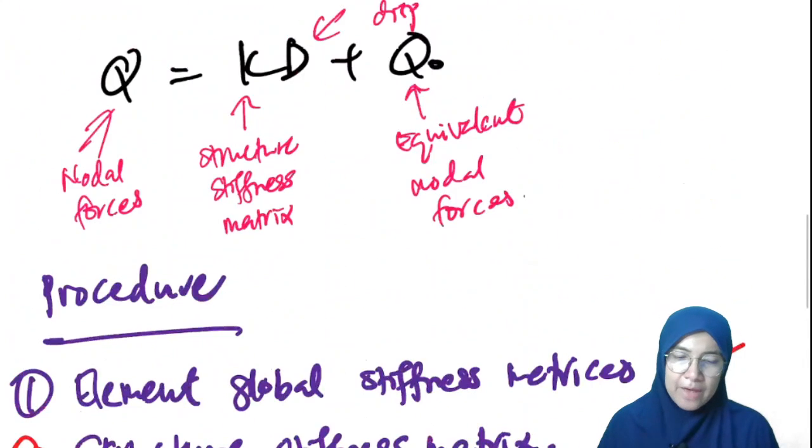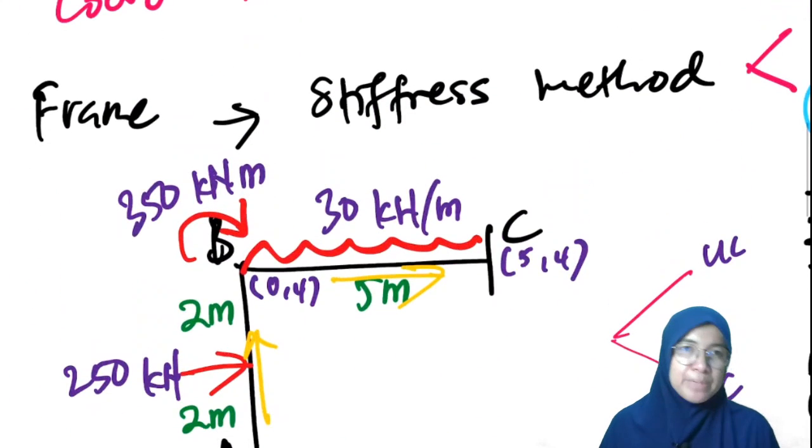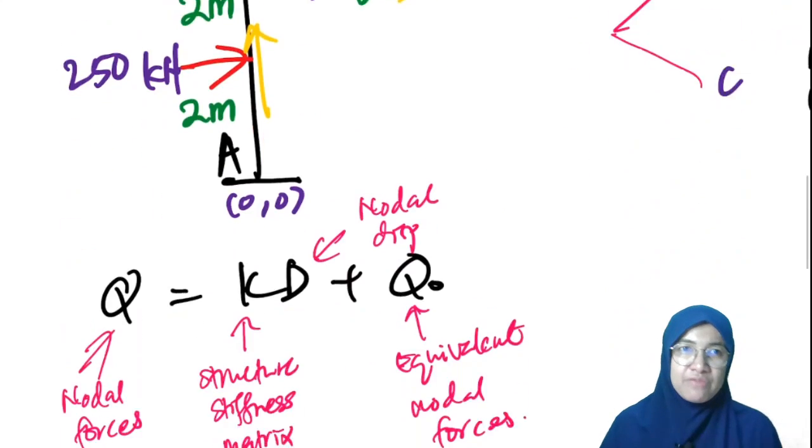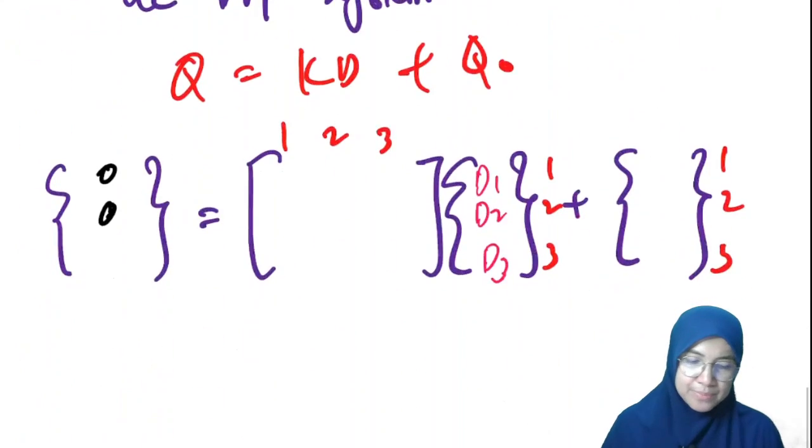And we have the moment at B. The moment at B is 350 clockwise, and this is opposite to the sign convention. Remember, the sign convention for the stiffness method is counterclockwise. So it is negative 350 kilonewton.